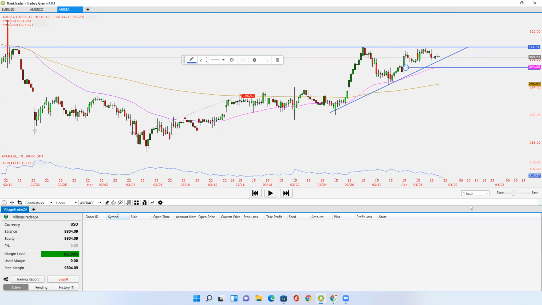We have three types of triangle patterns: we have an ascending triangle, we have a descending triangle, and we have a symmetrical triangle. An ascending triangle pattern can be played both ways, as a continuation pattern and a reversal pattern, but it often manifests itself as a continuation pattern, right?